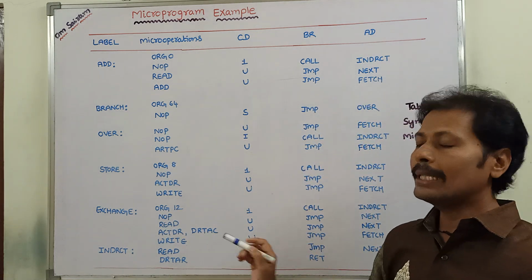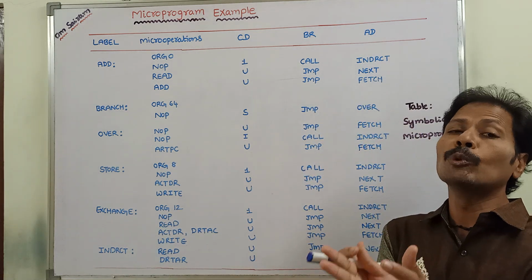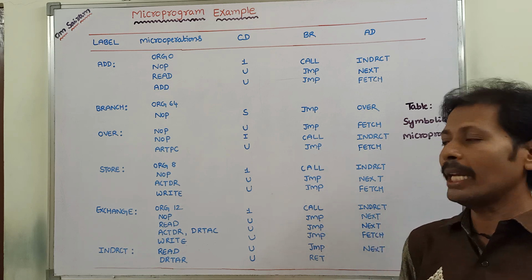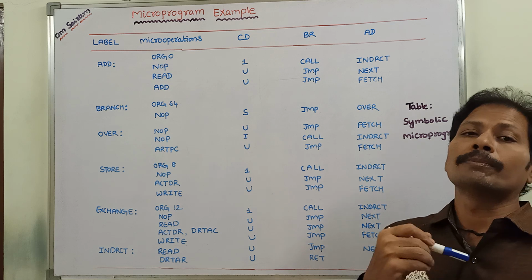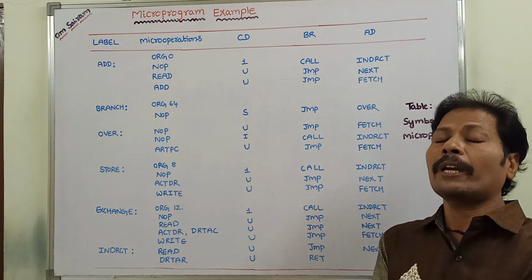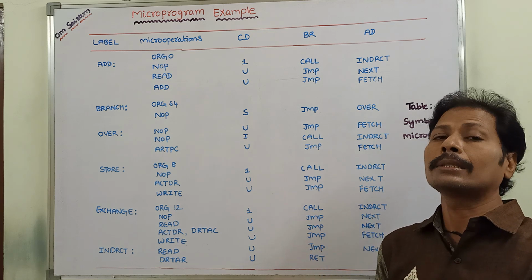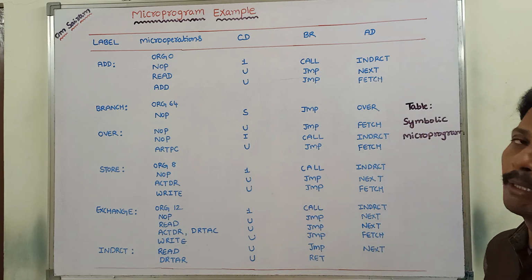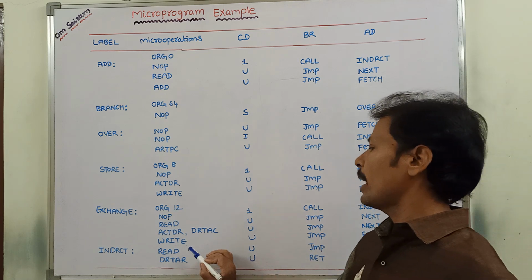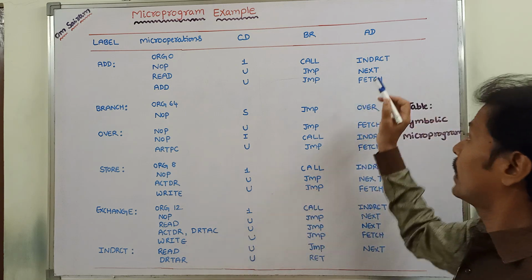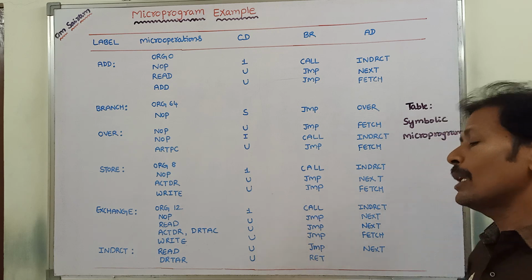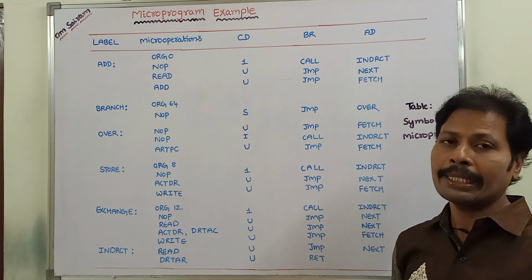At that time we have to read the effective address from the memory. Once we get the effective address, the operand can be transferred into the data register. So we go to that indirect address, and then we get the direct address.